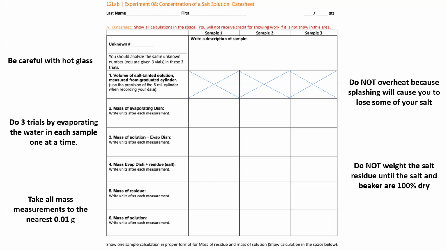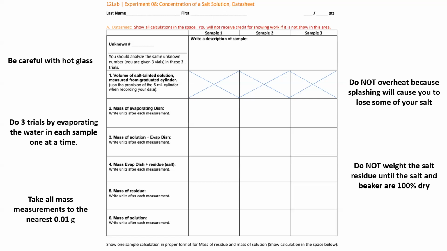So for example, if your mass of your solution plus the evaporating dish is 146.50 grams, and the mass of your evaporating dish was, let's say, 100.30 grams, I don't want you to write 46.2 grams, right?